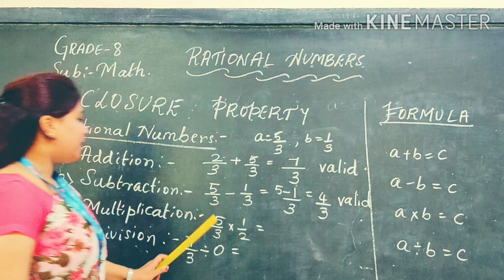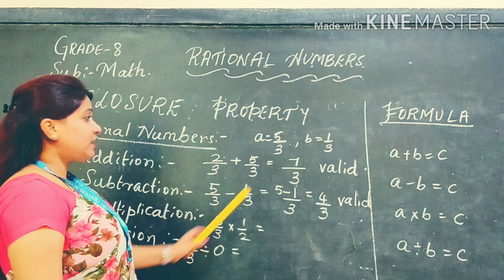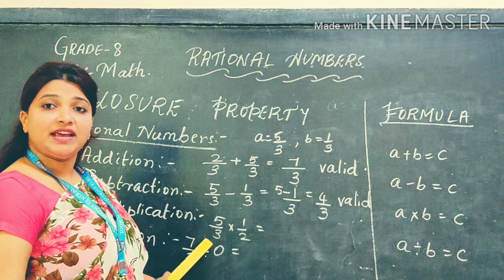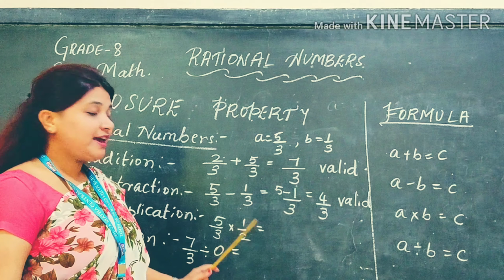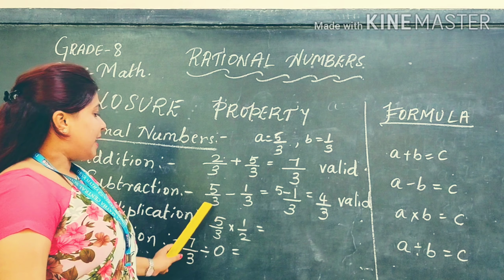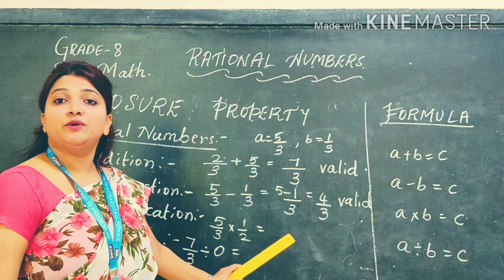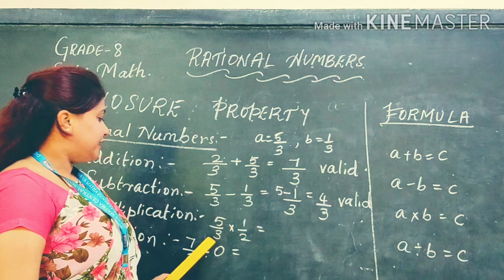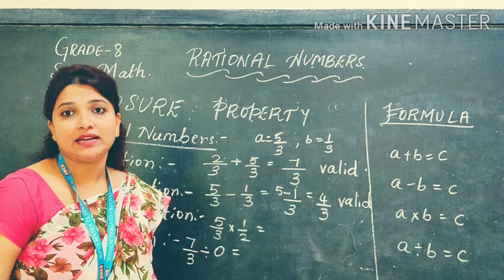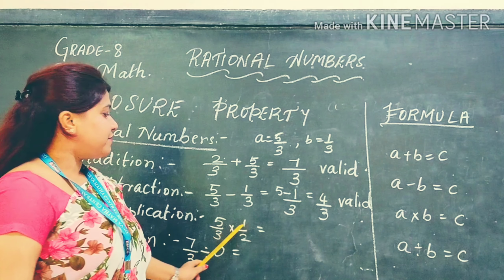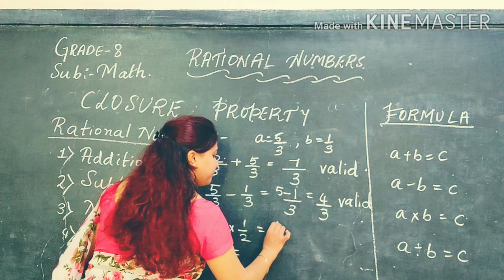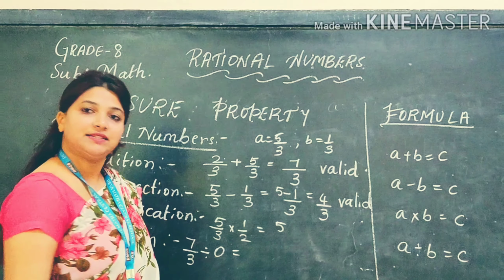Alright, so what is my numerator here? Let A be equal to 5 by 3 and B is nothing but 1 by 2. So my numerator I will multiply with numerator and my denominator I will multiply with denominator. So 5 ones are 5. 3 twos are 6.